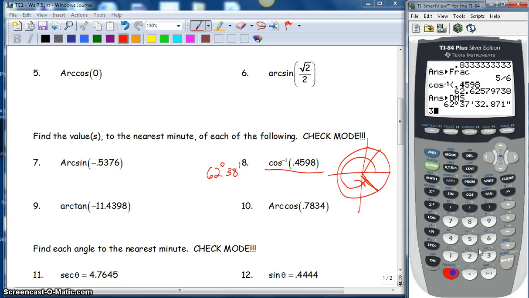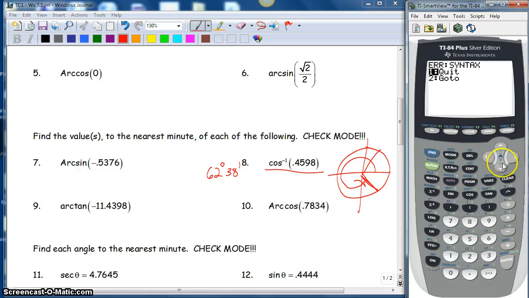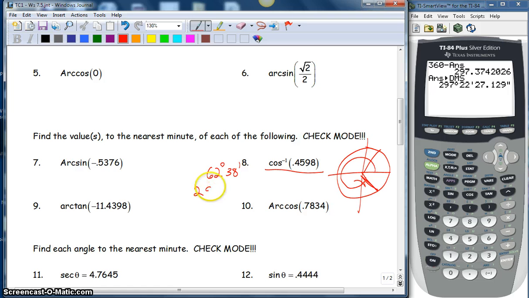So 360 minus the answer. Oh, that's not right. 360 minus second negative. There it is. And then we do second angle 4. So you get 297 degrees and 22 minutes. And again, since this is cosine, plus 360k because we're in degrees.